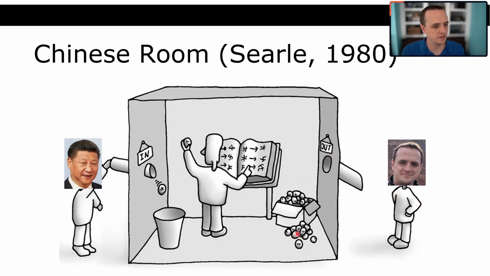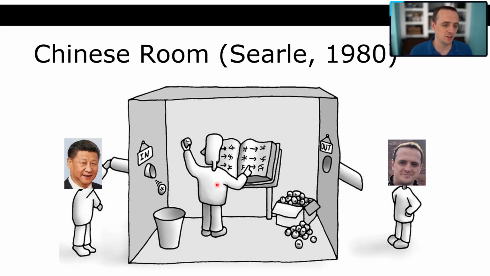He called it the Chinese room because the Chinese languages have different symbols from English. So the whole point here is that there's some input in one language. This person in here has a huge book that translates every symbol in that language to every symbol in the next language, okay?